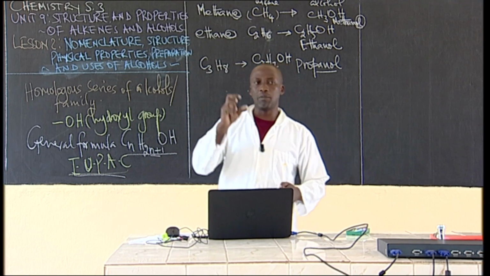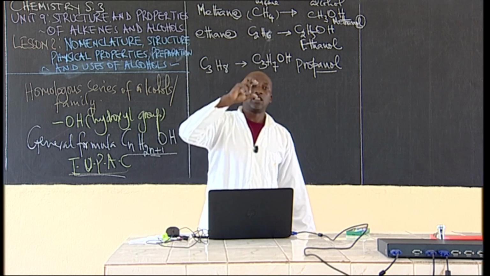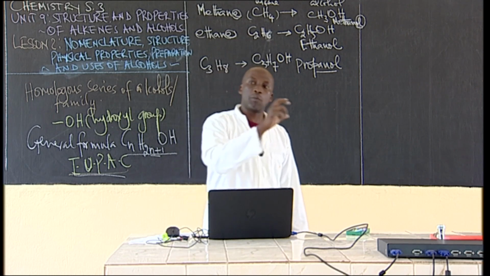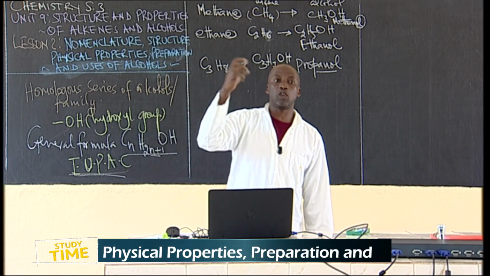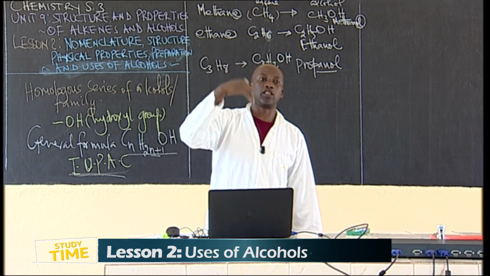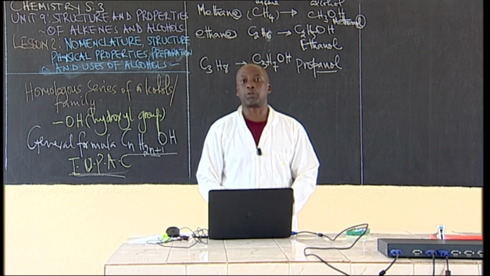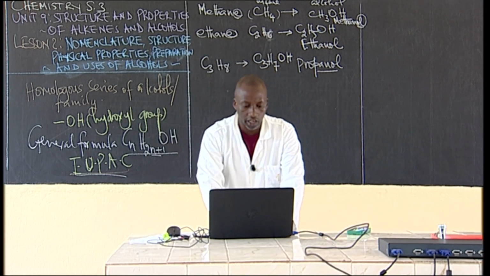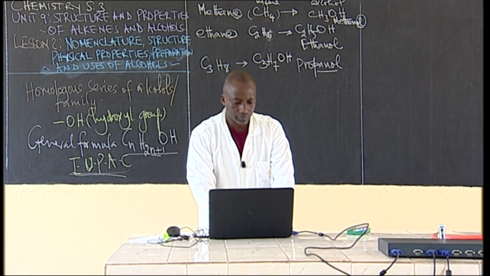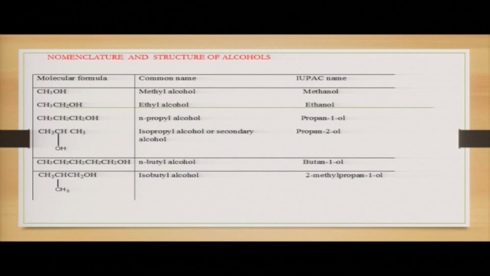Sometimes we use the common names, and at other times we use the IUPAC names. But the IUPAC names are the ones accepted chemically and internationally. Let's look at the screen and the names that we are using.